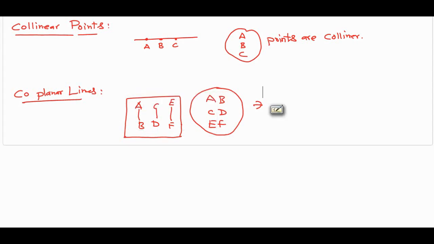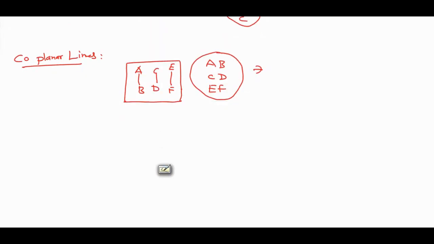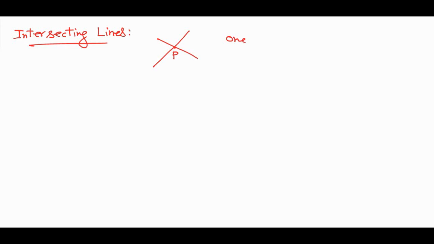The next example is intersecting lines. When two lines are cutting each other and have one common point, called P, then we can say they are intersecting lines.